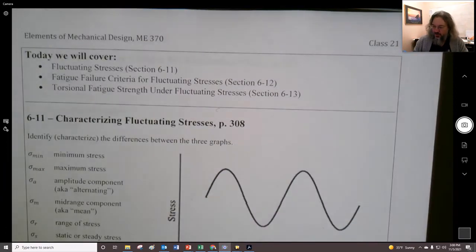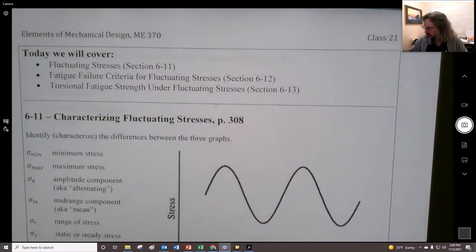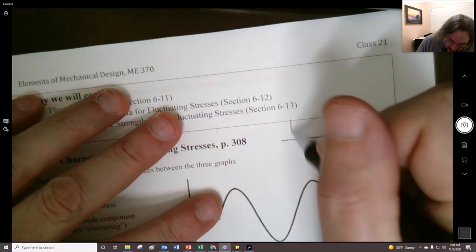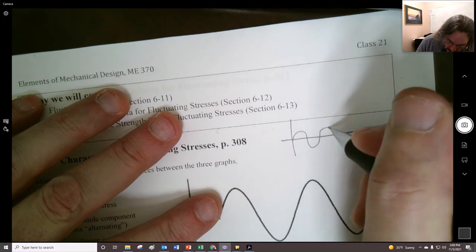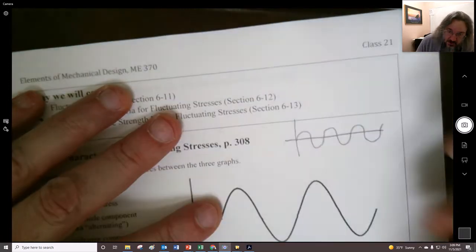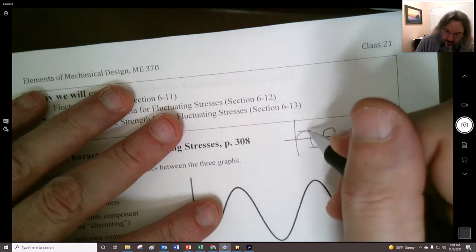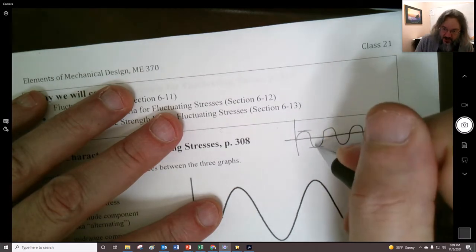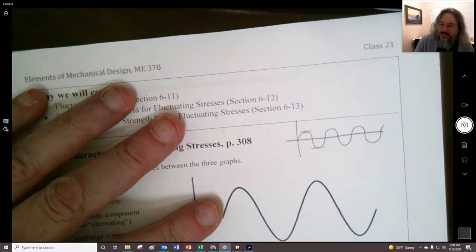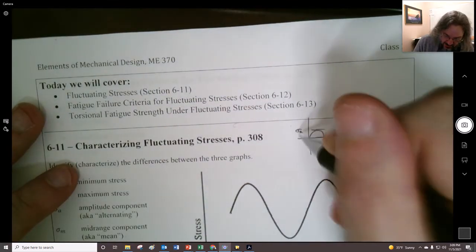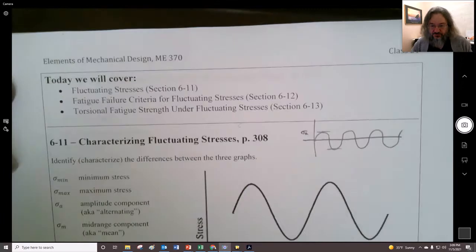A time history of that would be like this, a sine wave where here is the positive stress and here is the negative stress. We could call that the amplitude, and we call it sigma A, the amplitude.